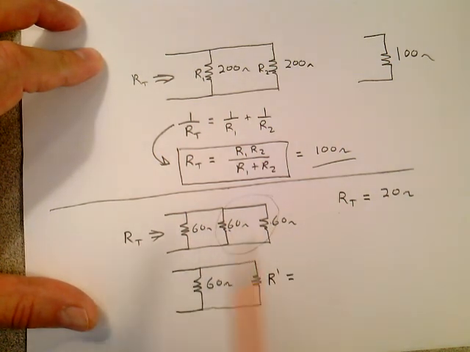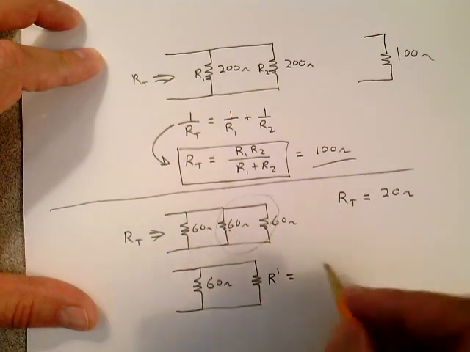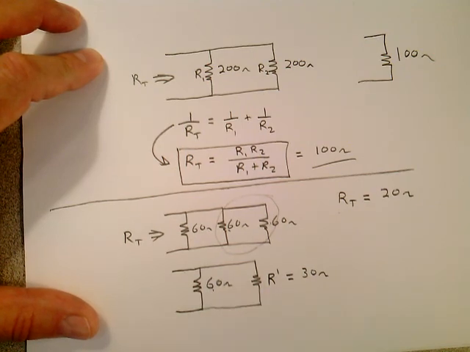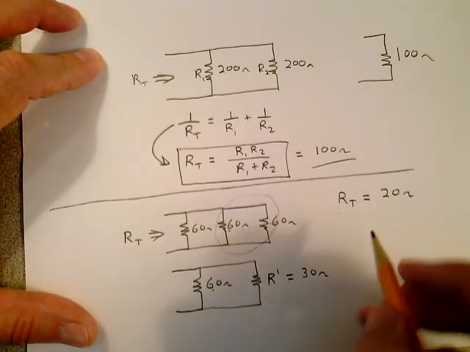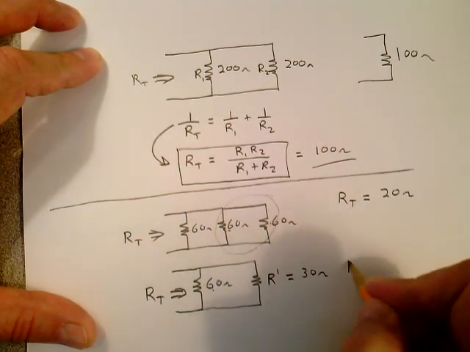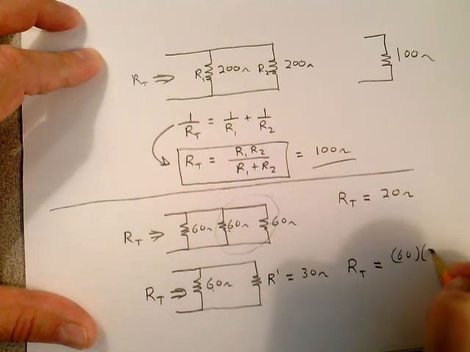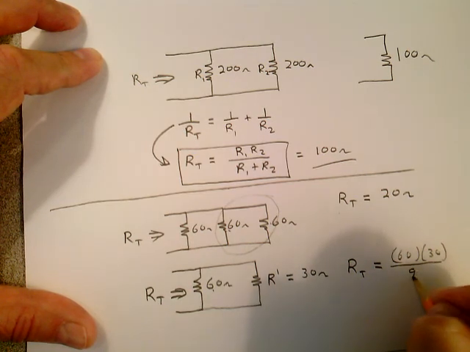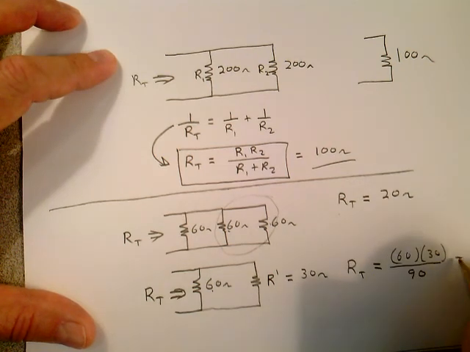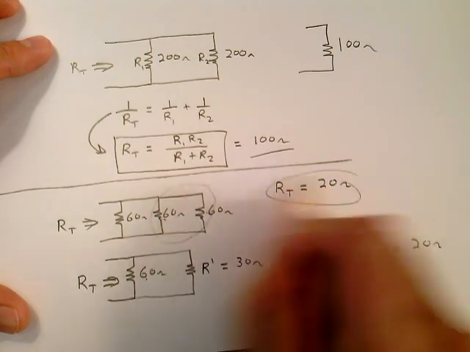You can use product over the sum if they're not equal, or you can just see there are two resistors of equal value. That's 30 ohms. So now you have 30 ohms in parallel with 60 ohms. So how do you boil that down to one resistance? Well, now you can calculate our total as a product over the sum, and it'll be 20 ohms. Either way you get 20 ohms.